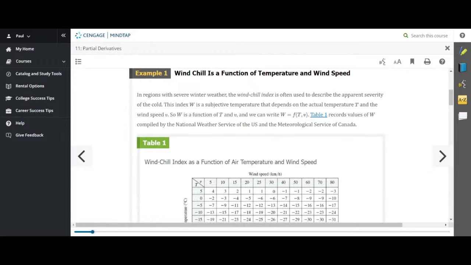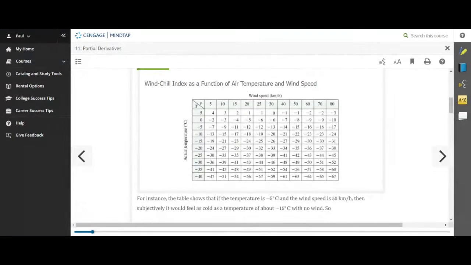Well, for instance, to model wind chill appropriately, we need to recognize not just temperature, but also wind speed. They have a nice table here in the book that shows how wind chill is clearly a function of air temperature and wind speed.